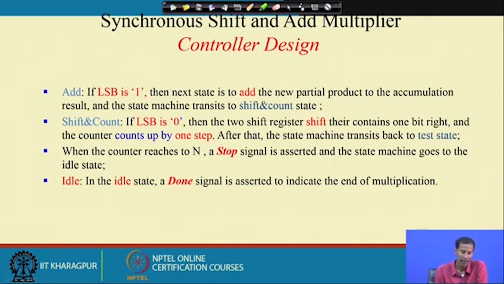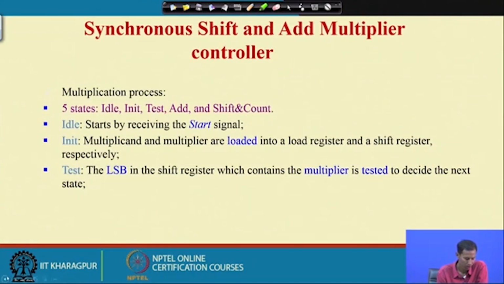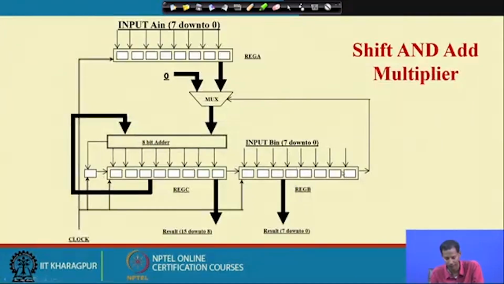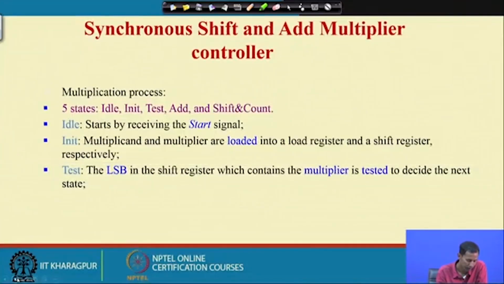Okay. That means, what I said is that whenever this LSB is 1, at that time what do I have to do? I have to do this addition operation and shift and count. That means this shift and count also I have to perform, right.